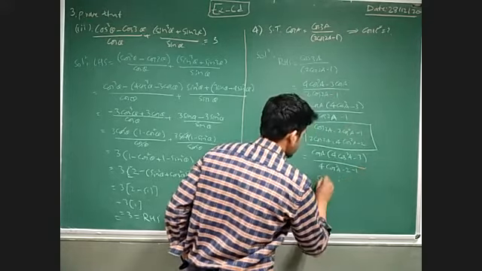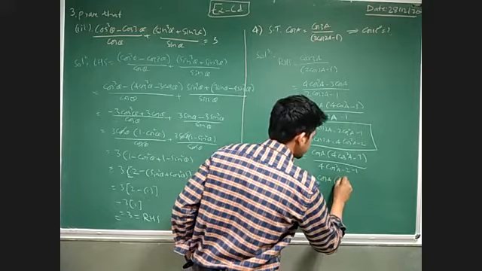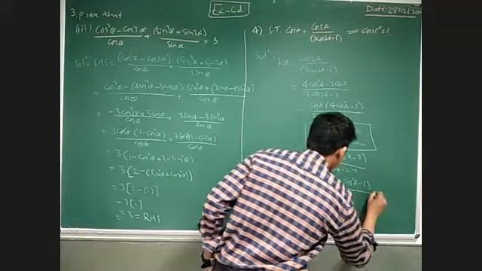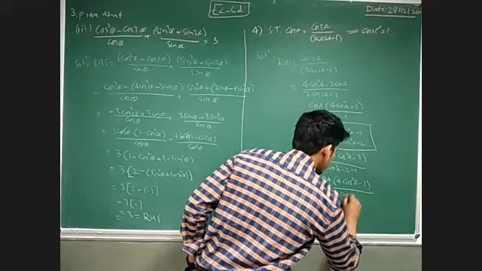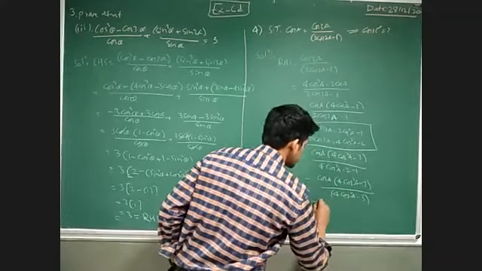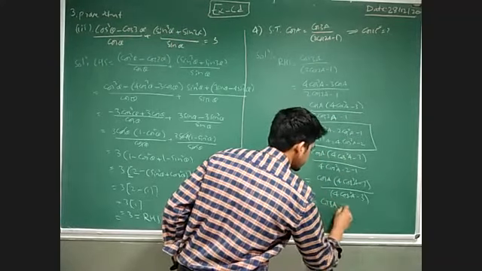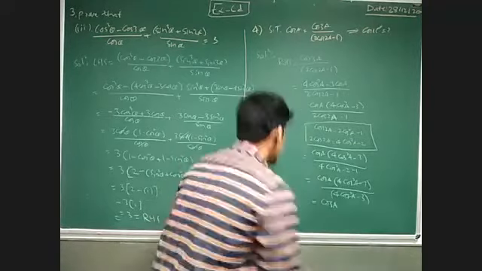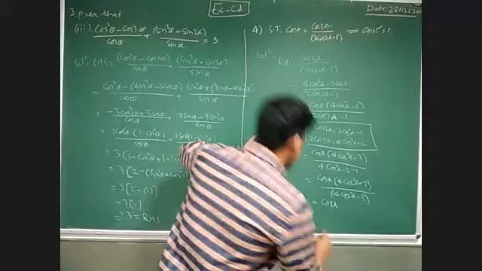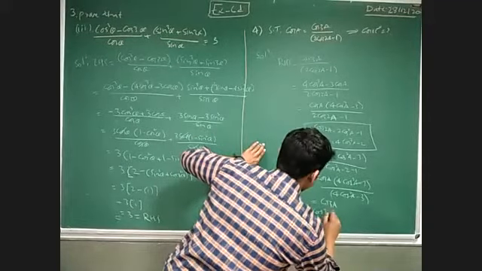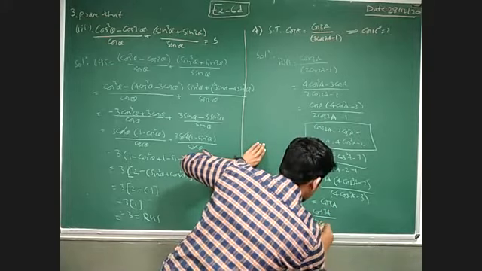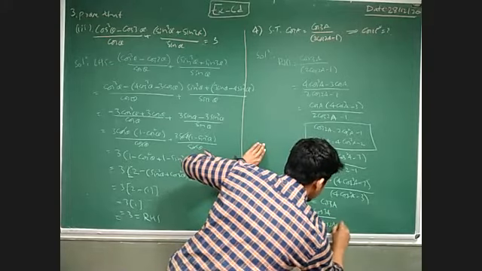So cos A times 4 cos square A minus 3, and here we have 4 cos square A minus 3. Okay, these will get cancelled, so here we will have cos A. So cos A is nothing but cos 3A by 2 cos 2A minus 1.